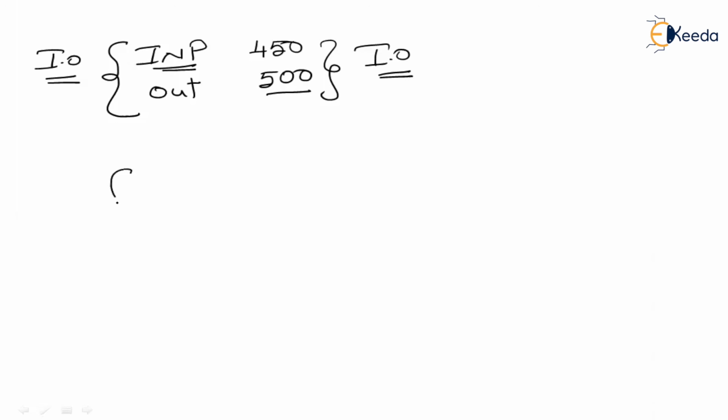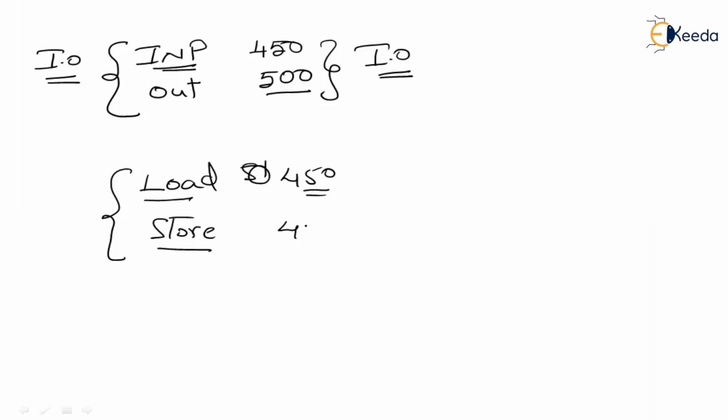But if it is memory transfers, we are going to use load and store. When a load and store instruction is used, no matter whatever the address follows, those addresses are memory addresses. But when IO instructions are used, the following address is an IO device address. Okay, so this is how we are going to design and maintain an isolated IO.